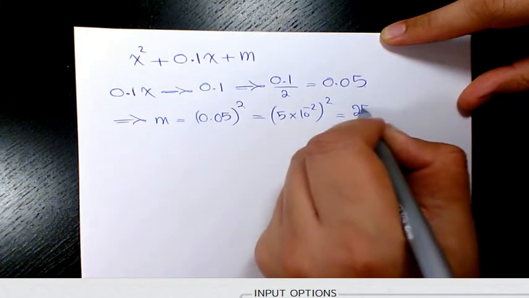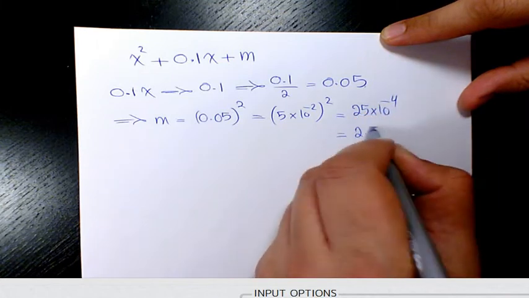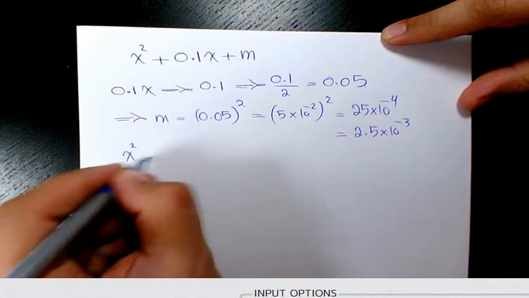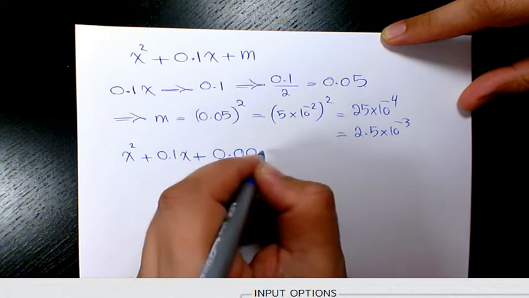It's going to be 25 times 10 to the power of negative 4, which will be 2.5 times 10 to the power of negative 3. So that will be x squared plus 0.1x plus 0.0025.